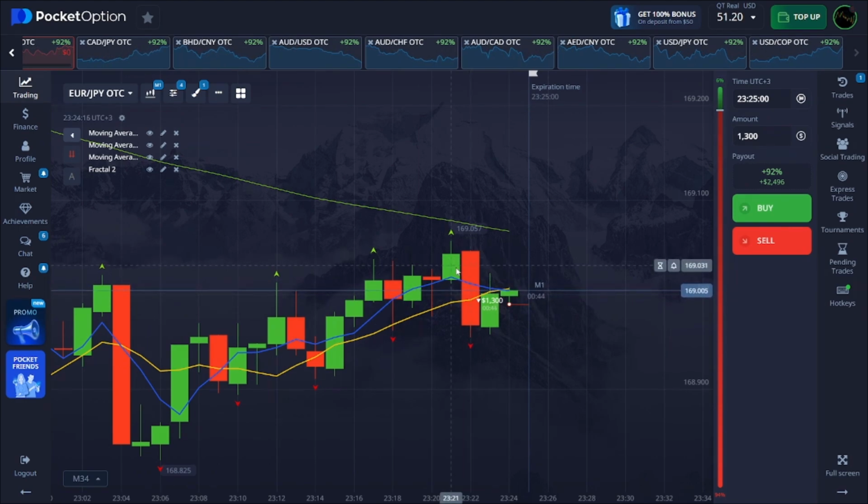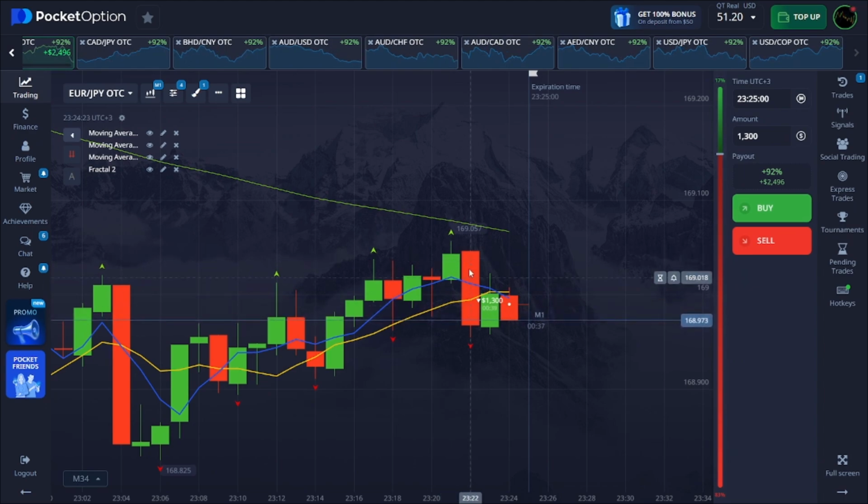Our fast moving average has crossed below our slow moving average. The fractal has formed, and also in the market we have a sequence where after every green candle we have a red candle. So after this green candle, I'm expecting this candle to be red as well.